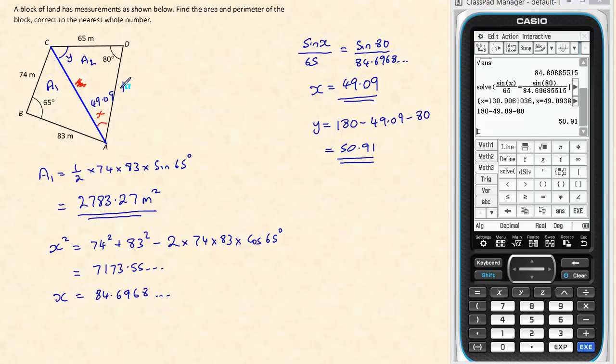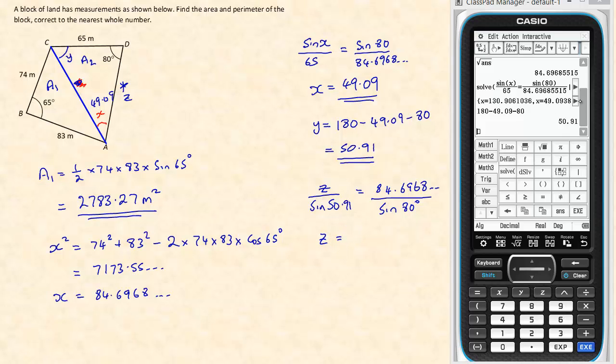So that now means we can work out this side just here. So let's call that Z. And using the sine rule, Z over sine 50.91 would be equal to, we could use either of the other sides, it really doesn't matter, the 84.6968 and so on, which was this side just here, divided by the sine of 80.